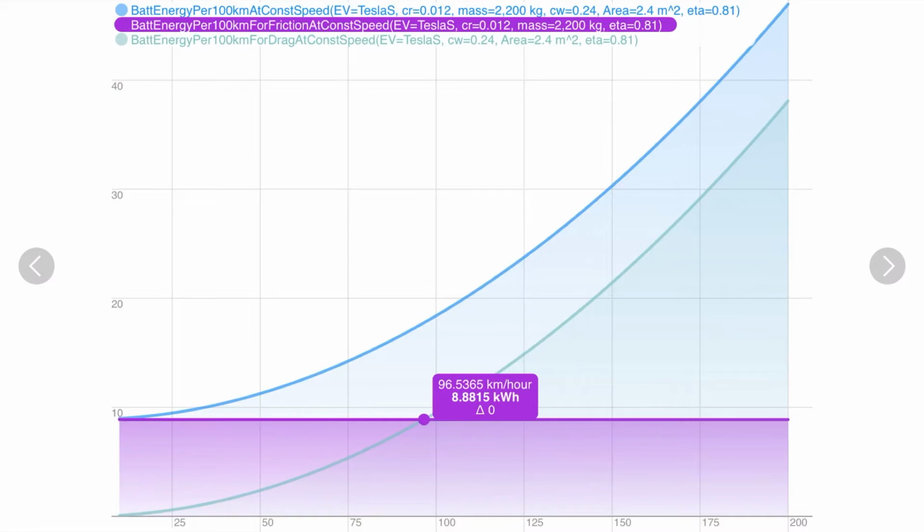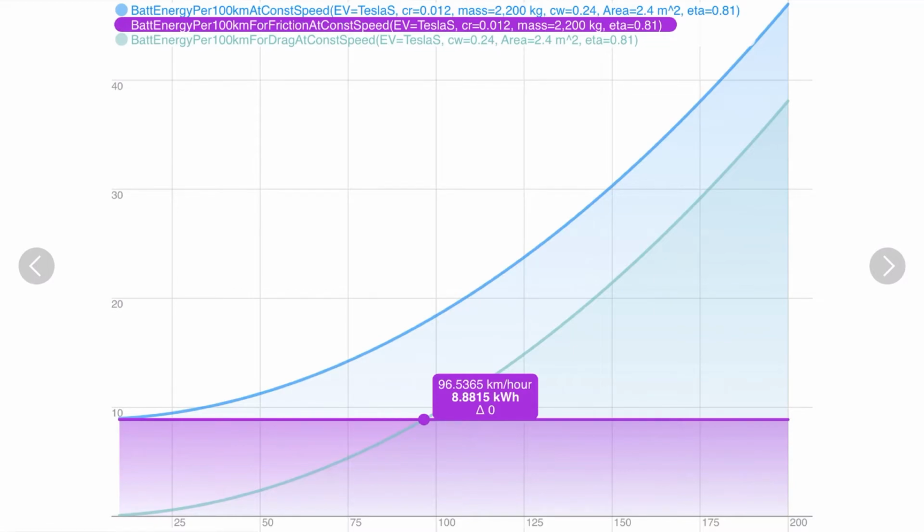I'm assuming that I have 10% loss from battery to the electric motor, and also from the electric motor to the wheels or to the tires, also 10%. So this means 0.9 times 0.9 for the factor, and this is then resulting to 0.81.